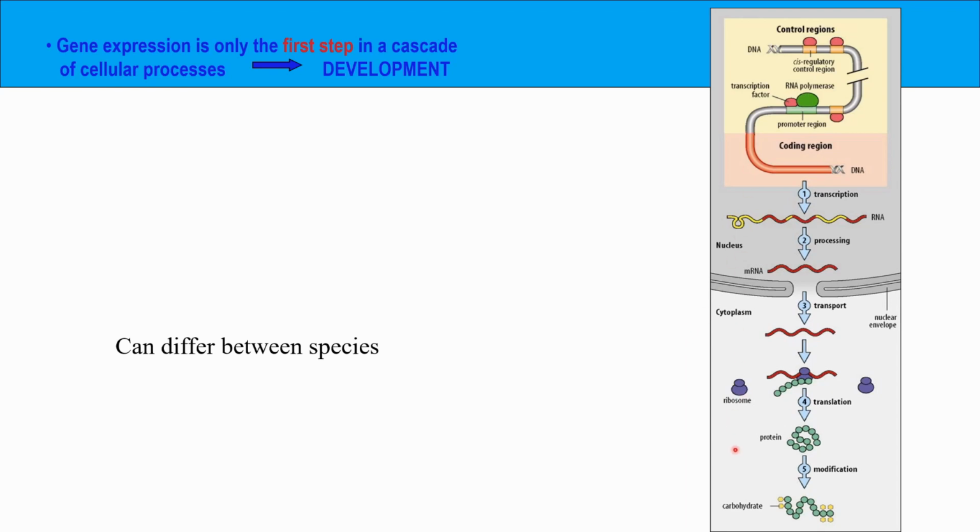Even though these processes are in common, the time that it takes and the rate at which they occur in different animals can be different, and this contributes to differing developmental times. It's not the only thing, but it's one of the things.